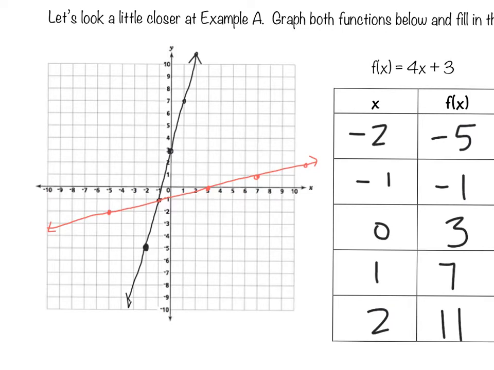So let me label these real quick before I forget. This was f of x, and this one is g of x. The line y equals x is a diagonal line that runs right through the middle of a graph.